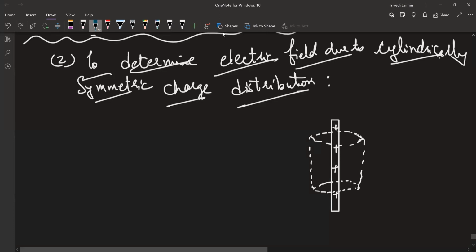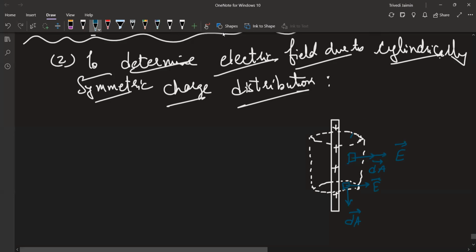Let's take a surface as usual. Let me change color. Electric field, dA. On this electric field here, dA here.